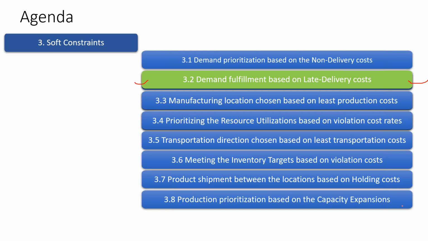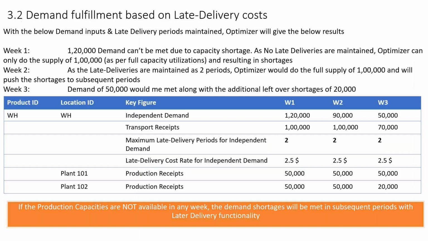But what if I cannot do it on week 10, because I don't have that much capacity? Can I do a late delivery? You can do it. There is this option, but you have to specify the key figures for it. They are called maximum late delivery periods, and you say 2 periods.